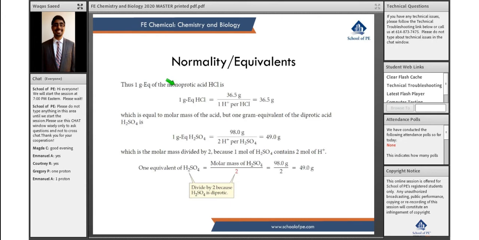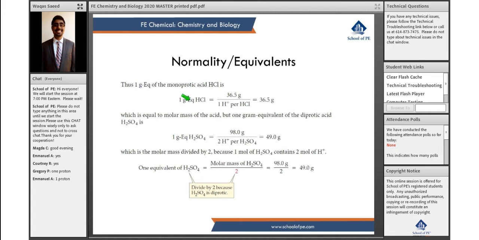Yeah, so the literal definition is 1 proton, but what they're trying to say here is monoprotic: 1 proton, 1 positive ion. So 1 positive H plus ion if you're dealing with an acid. HCl is comprised of 1 positive H plus ion.